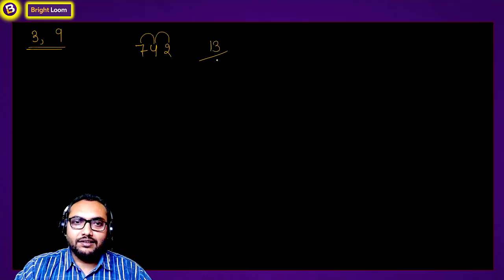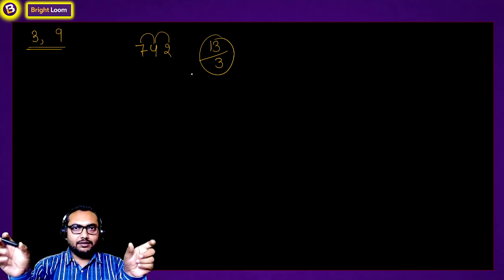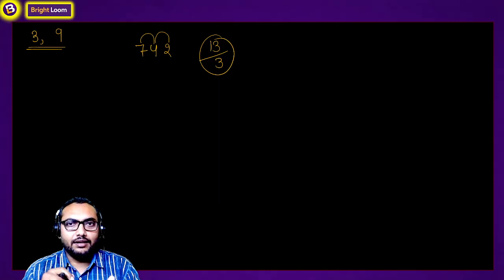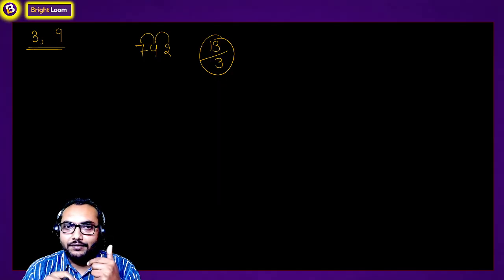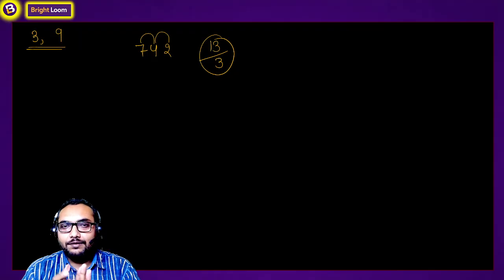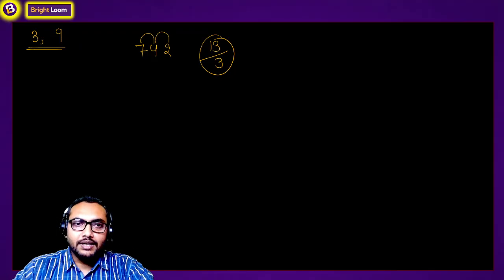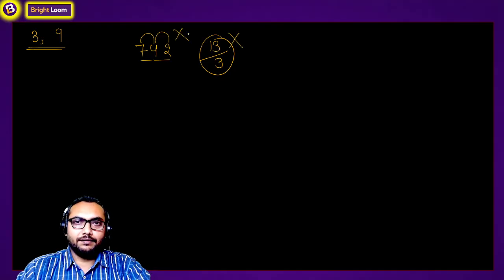Whatever sum you get, just divide that sum by 3. If the sum is completely divisible by 3, it means the number is divisible by 3. If the sum is not divisible by 3, it means the number is not divisible by 3. Here 13 is not divisible by 3, so the number is not divisible by 3.